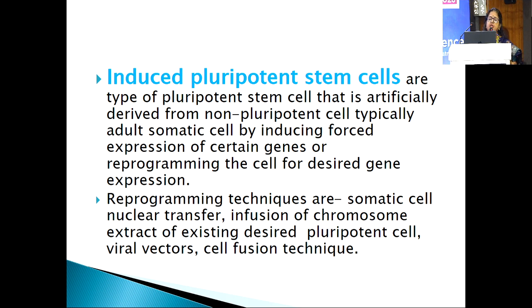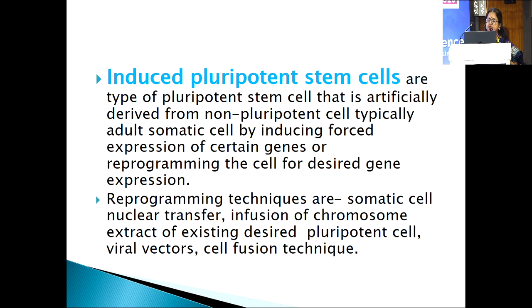What are induced pluripotent stem cells? These are a type of pluripotent stem cells that are artificially derived from non-pluripotent cells, typically adult somatic cells, by inducing forced expression of certain genes or reprogramming the cells for desired gene expression.